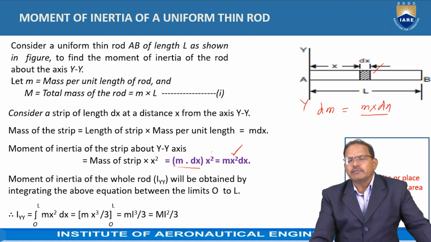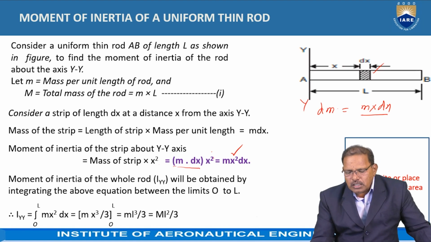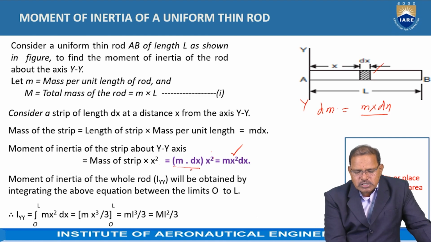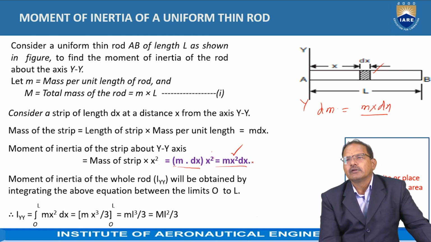The moment of inertia of the whole length of the rod about the reference line YY is obtained by integrating this equation from 0 to the length of the rod.